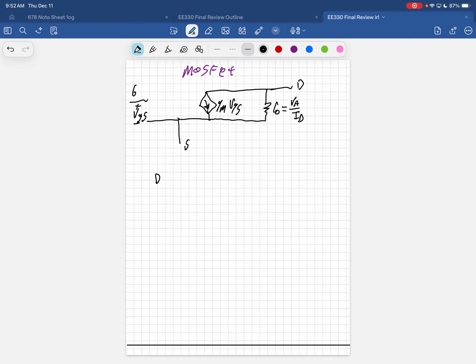All right. And again, if S is grounded, you'll use this one. And for RO, you're finding that using the ID value. Is that what that is? Yeah, uppercase I. And then VA, I believe, is a product of the transistor. Yes.